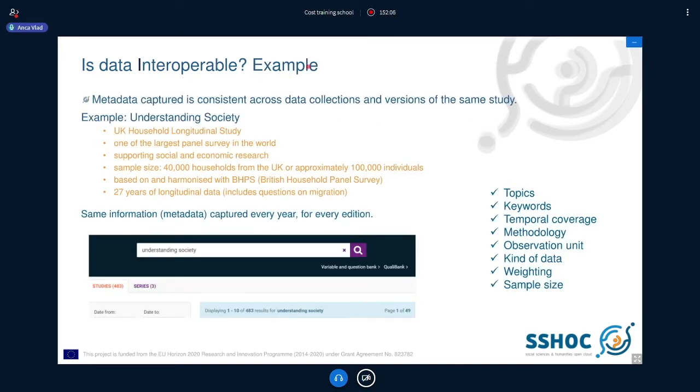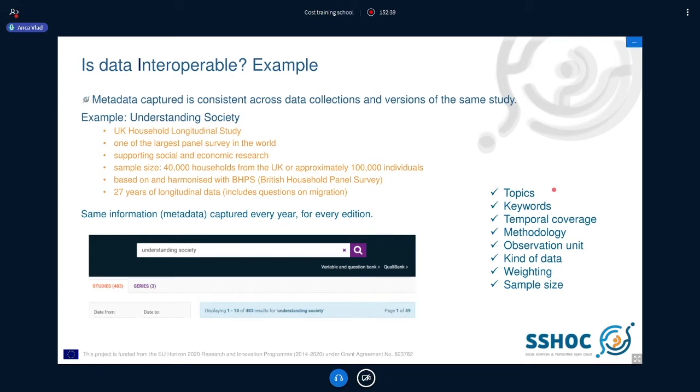An example of interoperability: that metadata is captured consistently across data collections and versions of the same study. So here we're looking at the same study throughout years, and we looked here at Understanding Society, which is the UK household longitudinal study. It's one of the largest panel studies in the world. And I think this has been going for 27 years. And of course, it's very important to capture this metadata.